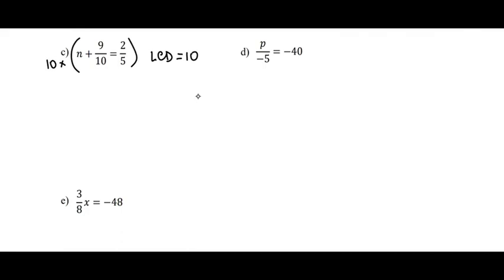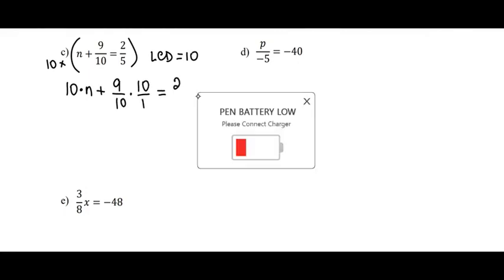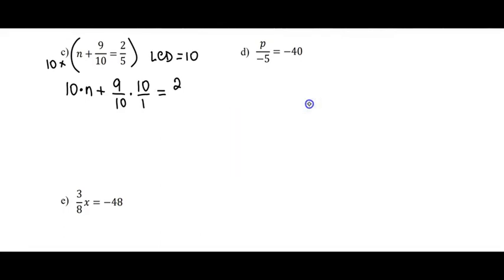Everything. So that means I have to do 10 times n plus 9 over 10 times 10 over 1 equals 2 over 5 times 10 over 1.